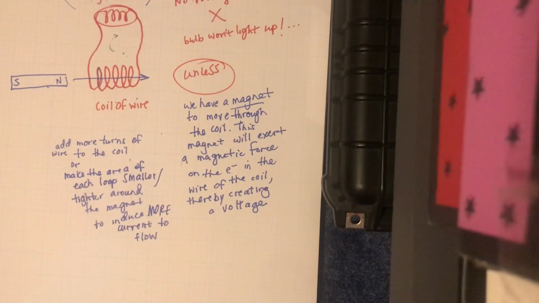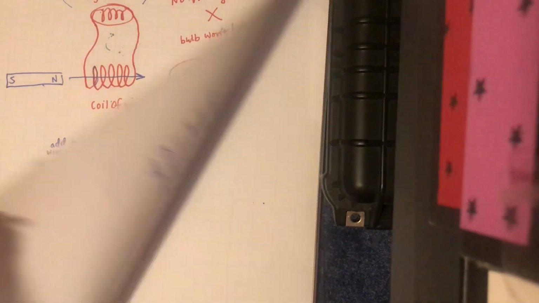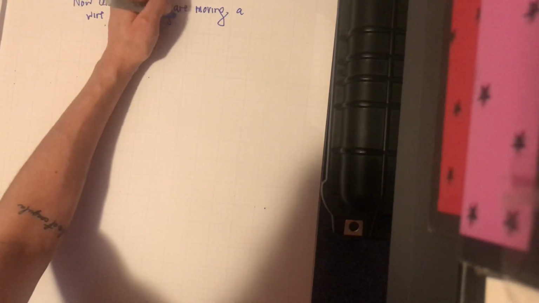On the other hand, if we were to move a wire, let's just switch pages here, through a stationary magnetic field, okay, so now let's assume we are moving a wire through a stationary magnetic field.